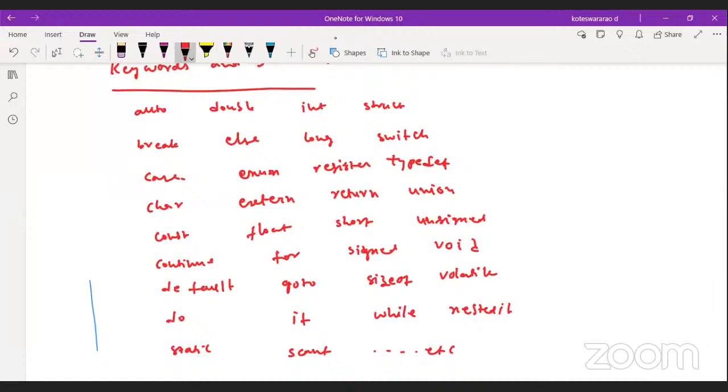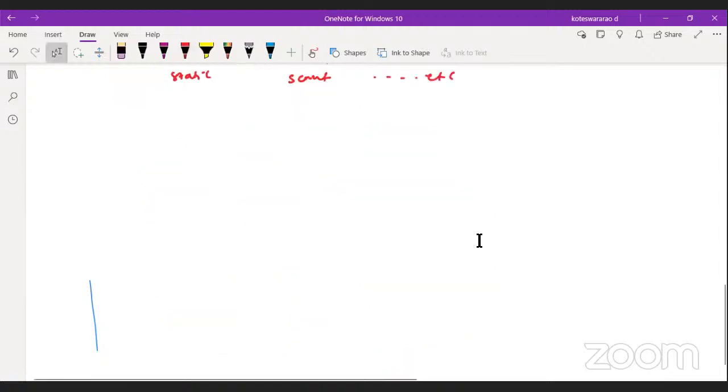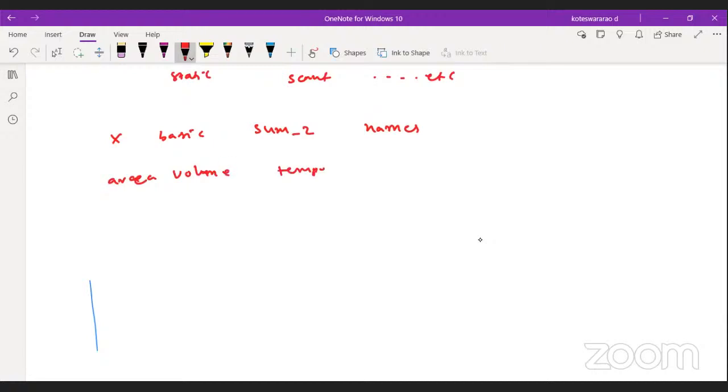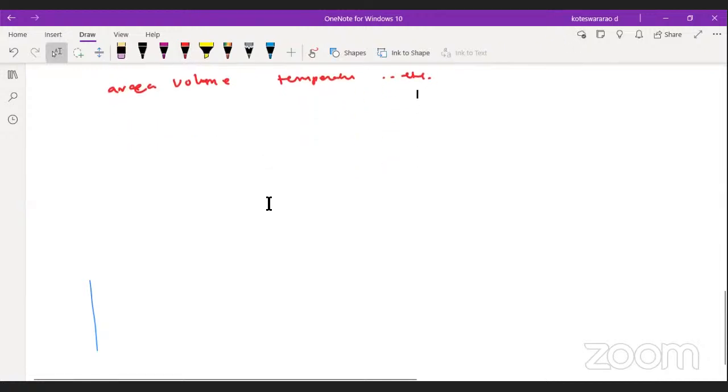The following are some valid examples: x, basic, some_2, names, area, volume, temperature. These are the identifiers and names we can give as titles for the variables.